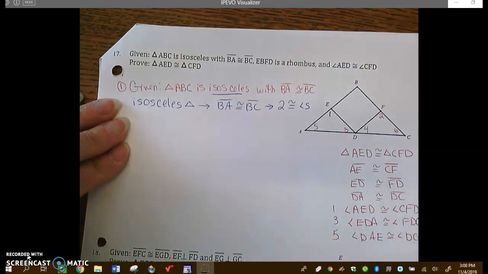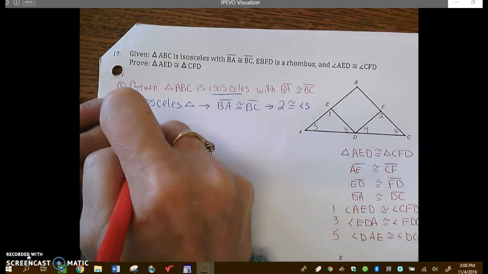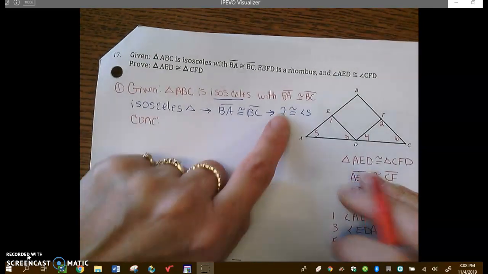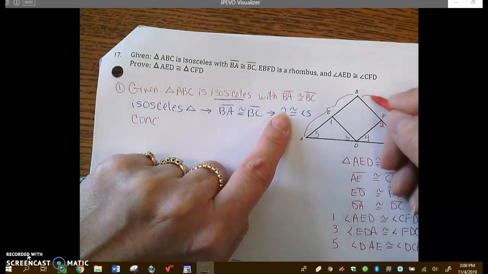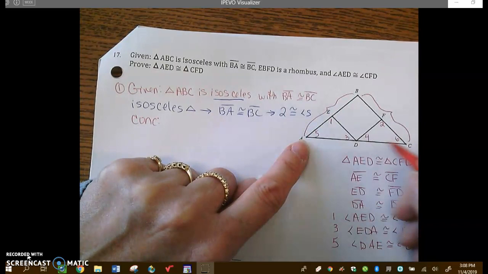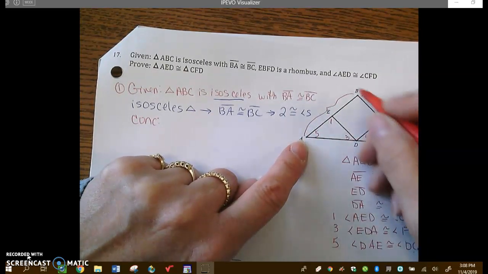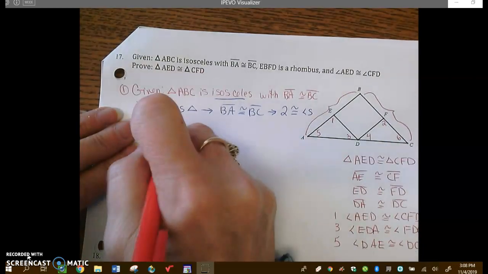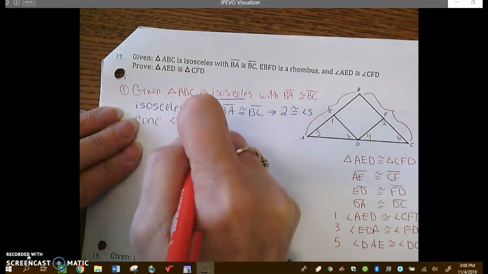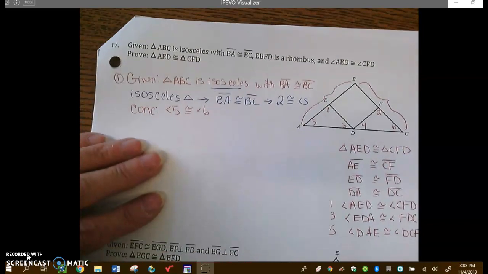All right, so now I get to conclude somewhere in my picture there's 2 congruent angles. So they are telling me this whole side is congruent to this whole side in the big isosceles triangle. So my 2 congruent base angles are going to be angle 5 and angle 6. So that's what I get to conclude. Angle 5 is congruent to angle 6.